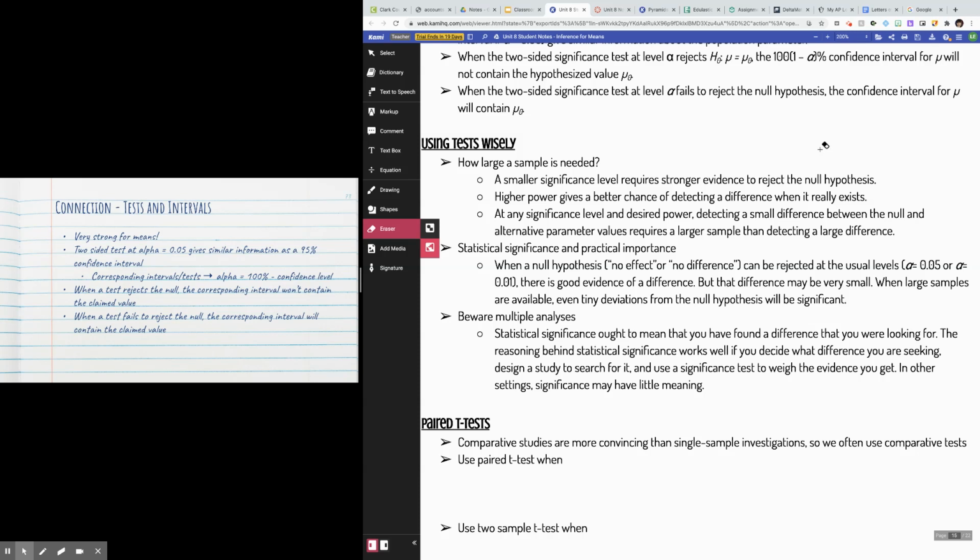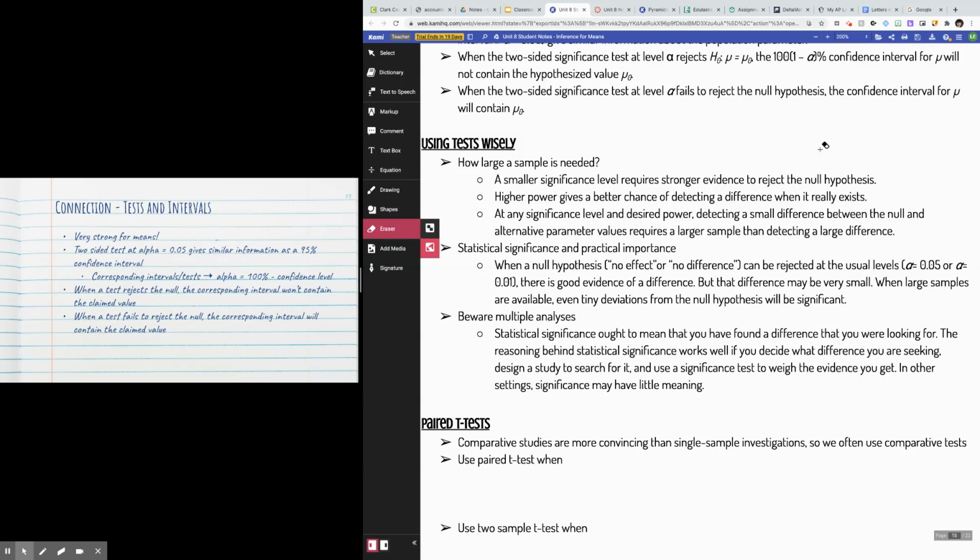So that goes back to whether the rejecting of the null hypothesis means that difference is practically important. Does it have a practical impact in the real world, and in the context of that problem? When you have large samples, even small deviations from the null hypothesis will end up being significant, okay?